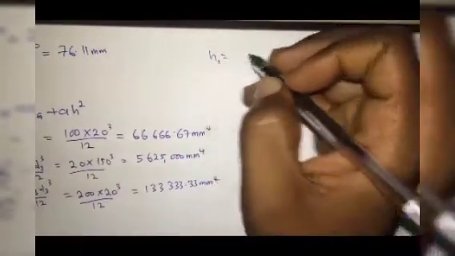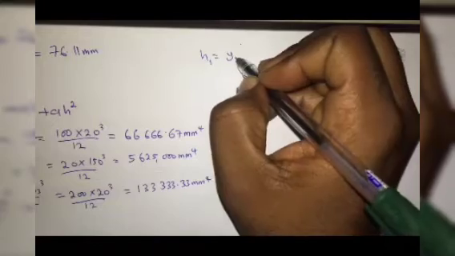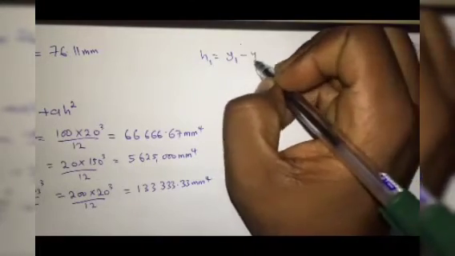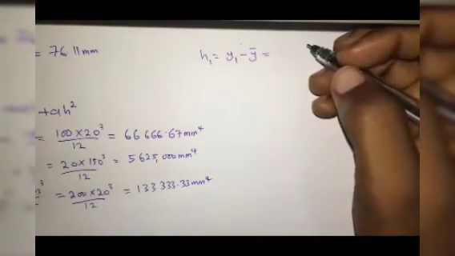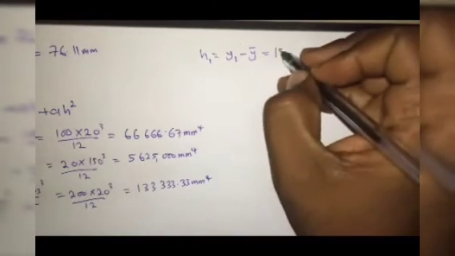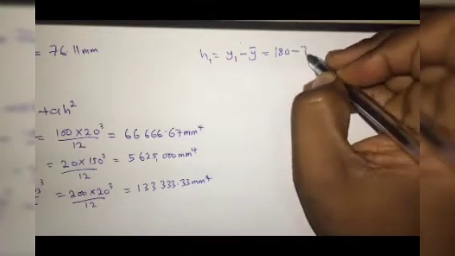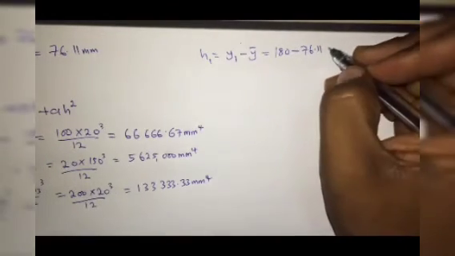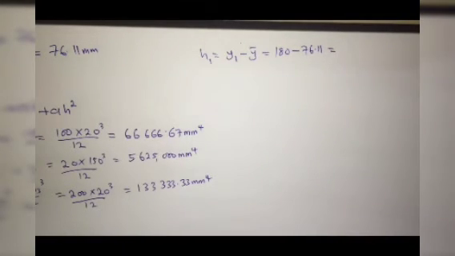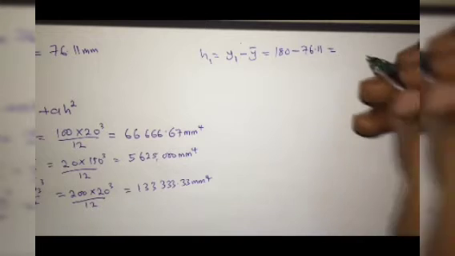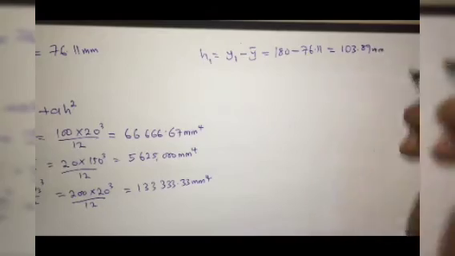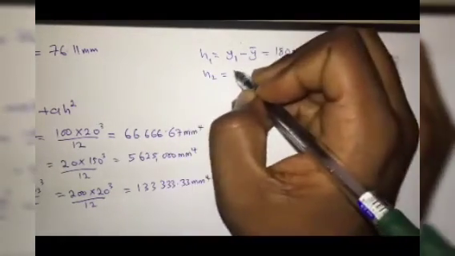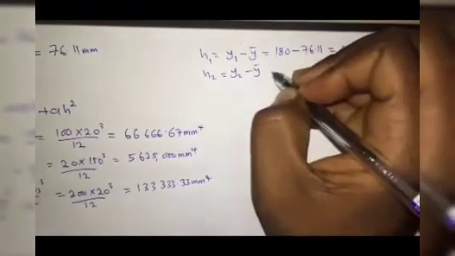For the first one, to get our H1, we subtract the centroid from y1, because for the first rectangle, the centroid is 180, which is greater than the centroid of the whole section. So 180 minus 76.11 gives us the difference between the two centroids, which in this case is 103.89.